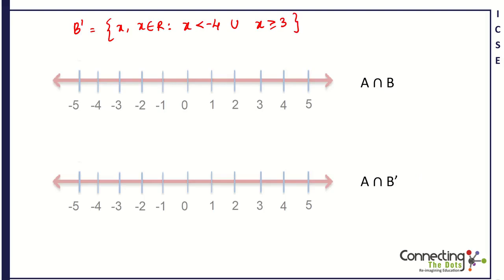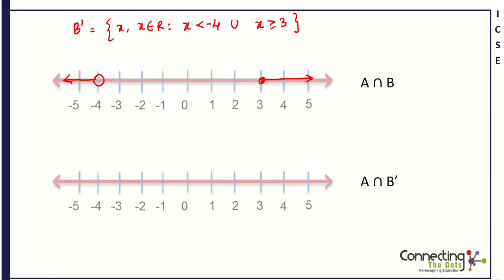So the union of these two sets of numbers gives us B naught, because those are the numbers that are not in B. So if you want to represent B naught, it is everything on this side. So this is B naught. So what I have drawn here is B naught.